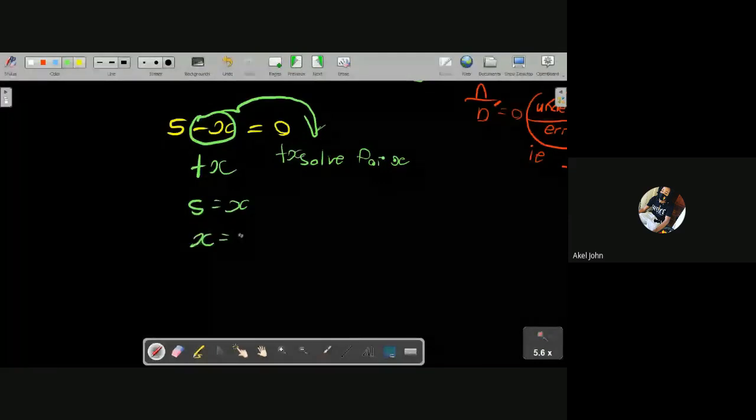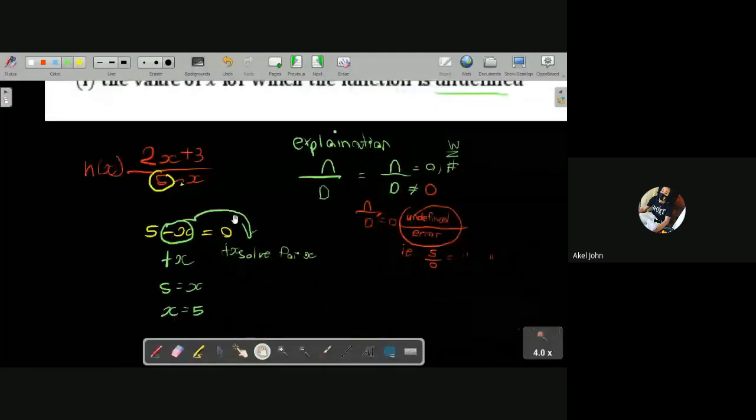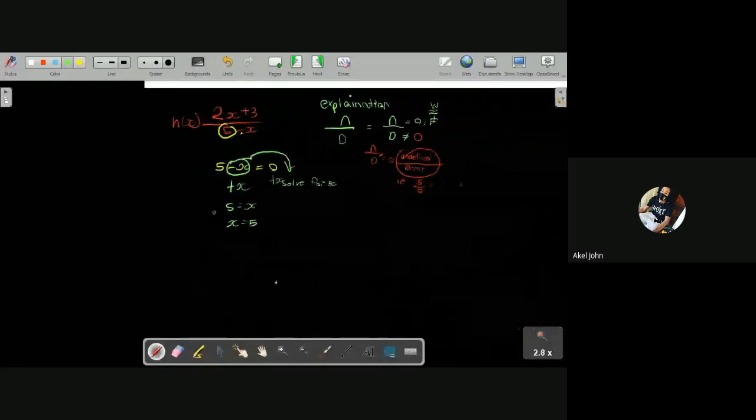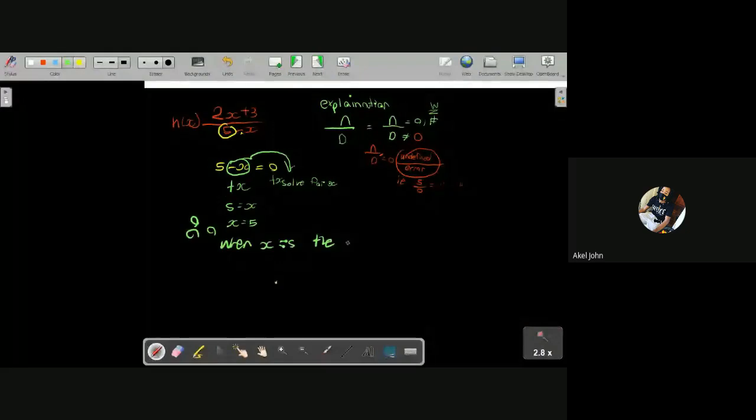So for the question, the value of x for which the function is undefined. Therefore, when x is equal to 5, the function will be undefined.